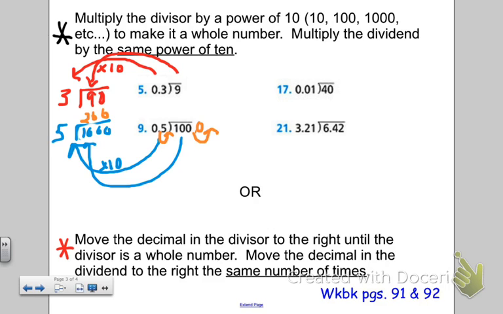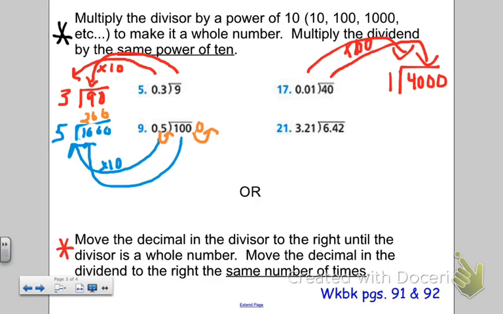Let's see, here I've got 1/100th in the divisor, so maybe I'll multiply this by 100. So, oops, that's supposed to be a 100. 1/100th times 100 is going to give me 1. And 40 times 100 is going to give me 4,000.